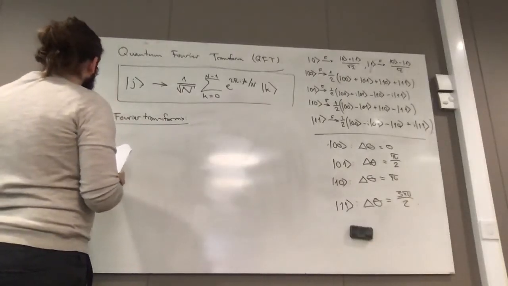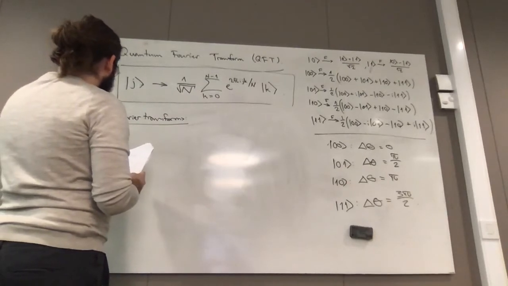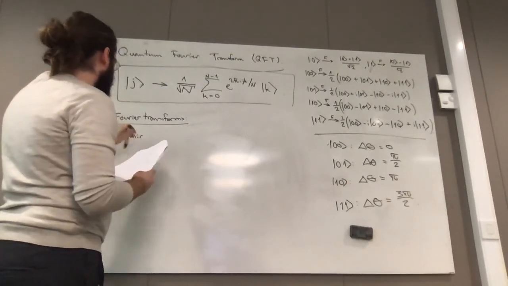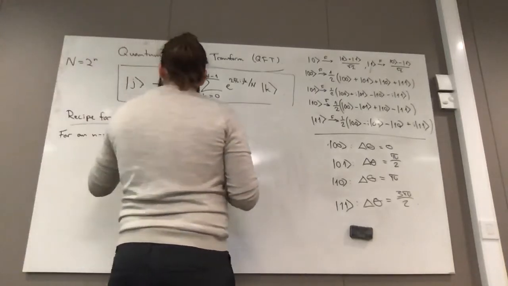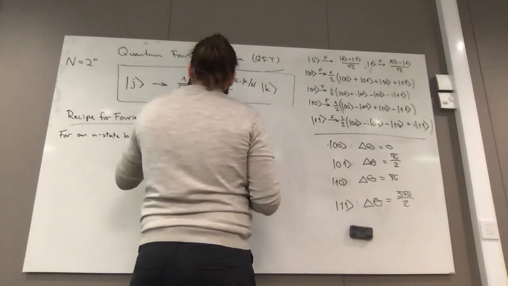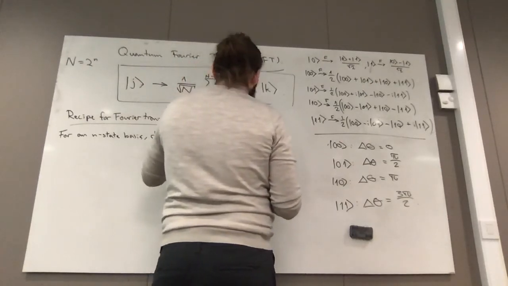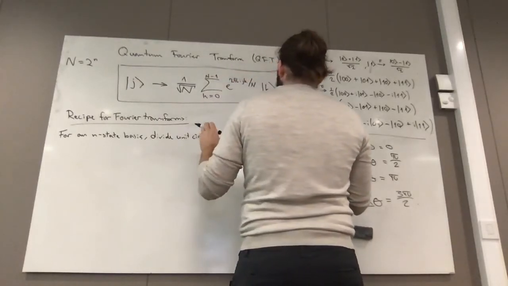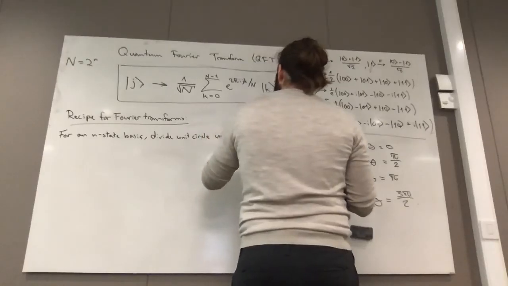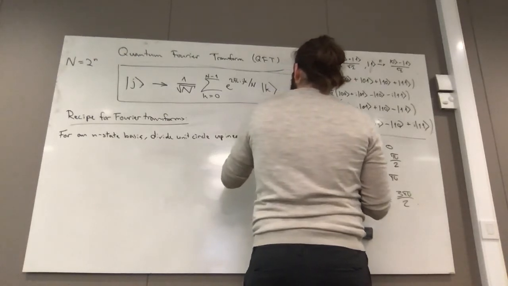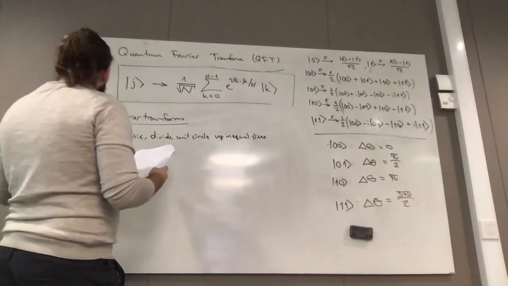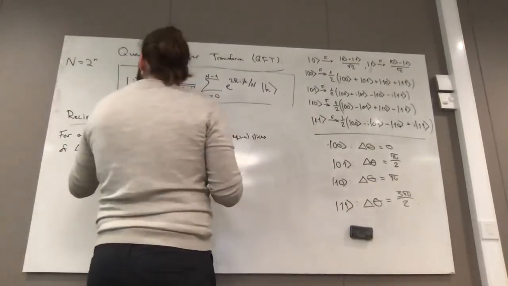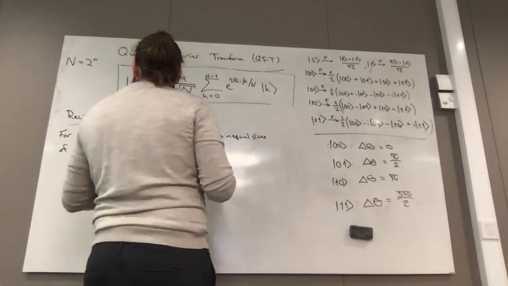So for an n-state basis, meaning that you have n qubits, divide the unit circle up in equal slices of delta theta equals 2 pi over n.